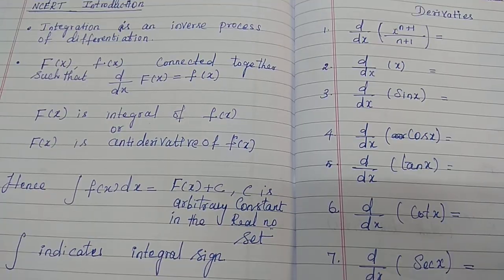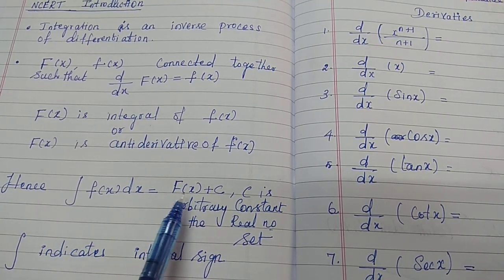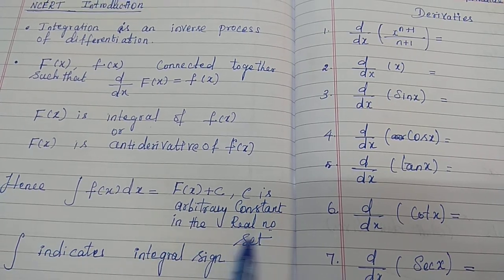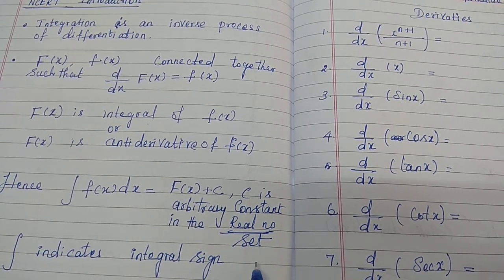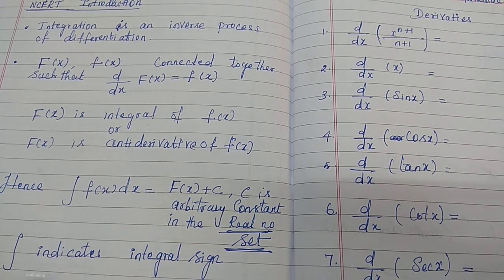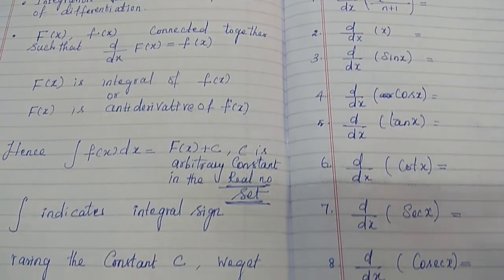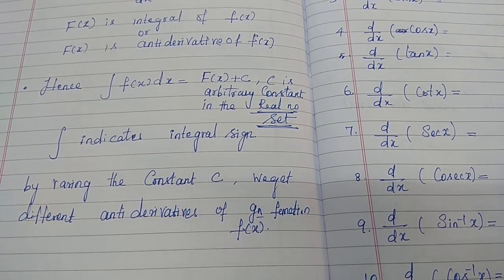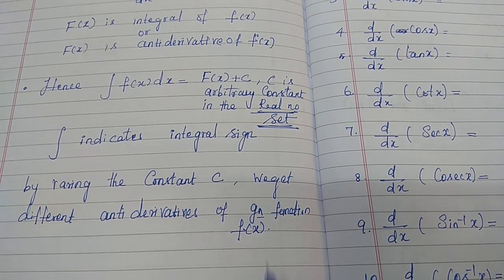Hence, we write integral f of x dx is equal to capital F of x plus c. C is an arbitrary constant in the real number set. The symbol indicates the integral sign. So by varying the constant c, we get different antiderivatives of a given function f of x.